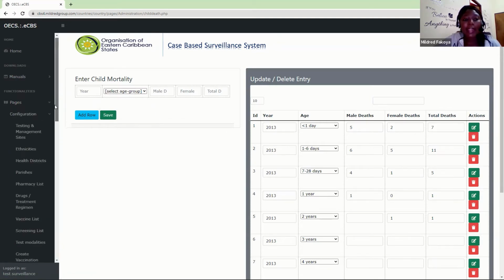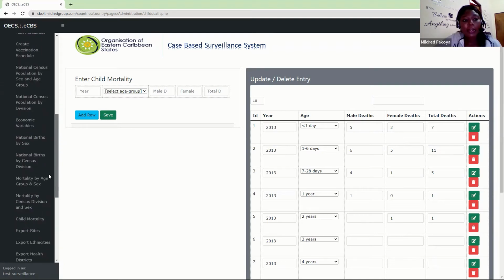So I'll repeat it again. For the surveillance dependent variables, the required data to enter before you use the system are national census population by sex and age group, national births by sex, mortality by age group and sex, and child mortality.